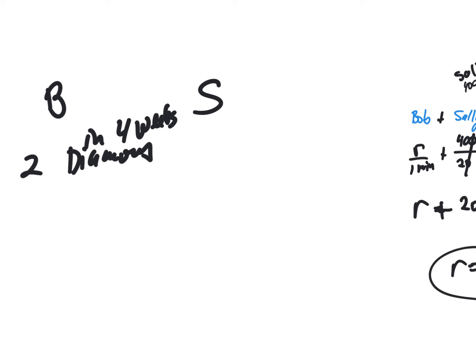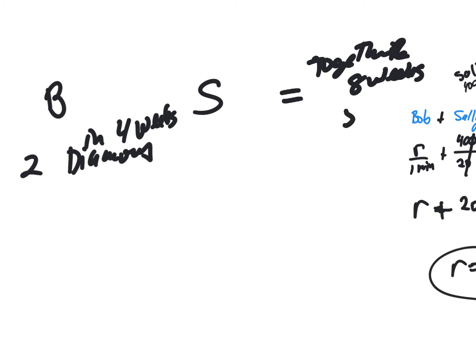We don't know Sally's rate, but later on, Sally and Bob together hunt for 2 months, which would be 8 weeks. And let's say that they find 5 diamonds.